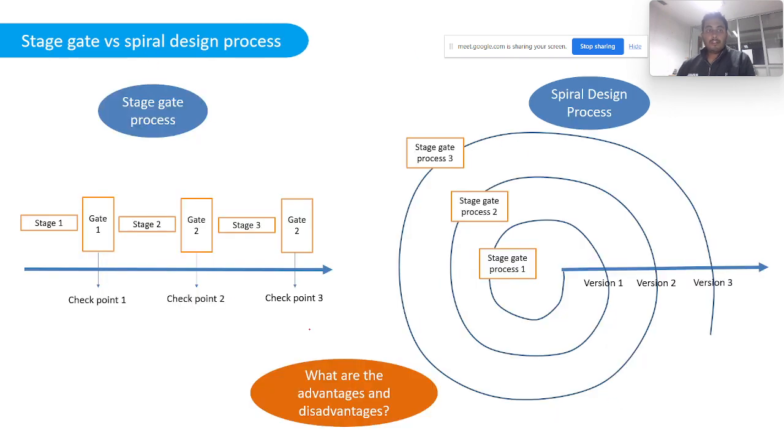Okay, so let me introduce you to two important concepts on the software application design process. They are also applicable for the product design process. For today's session, I'll be talking from the perspective of both software as well as product.